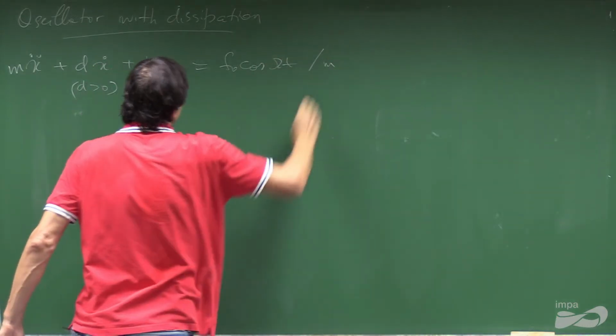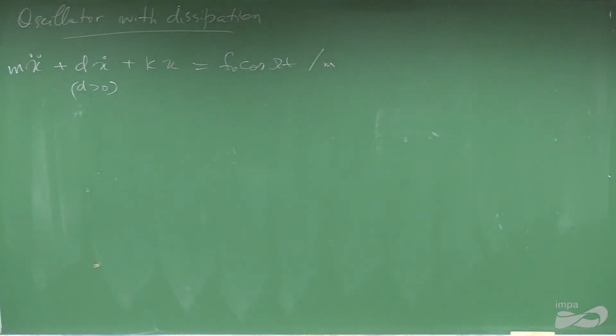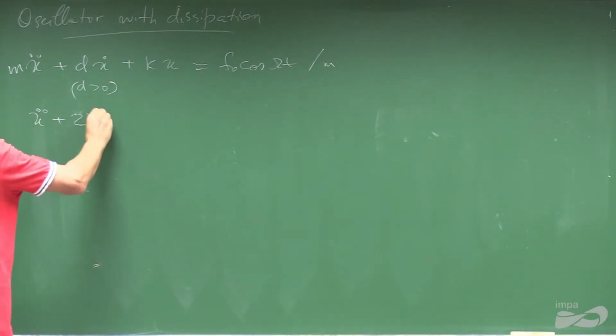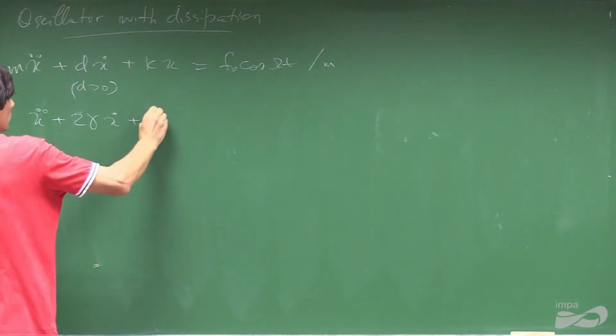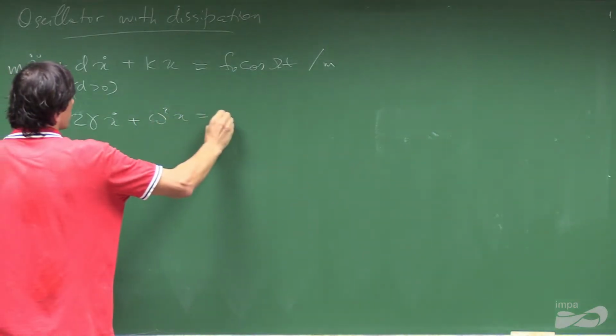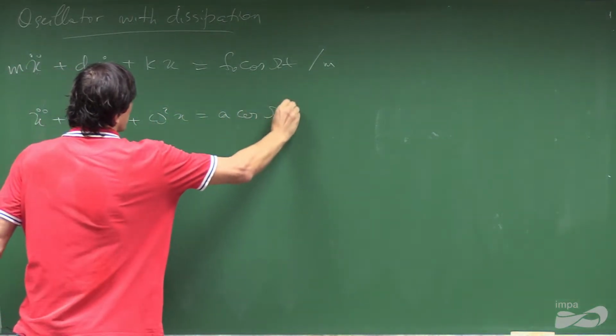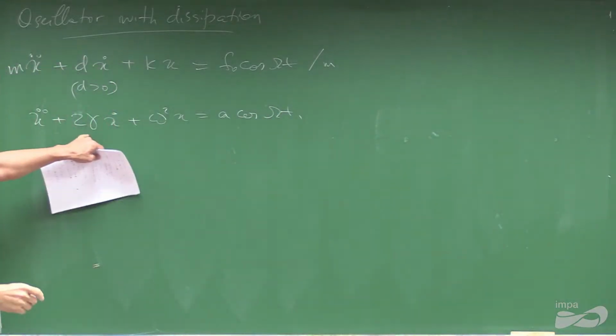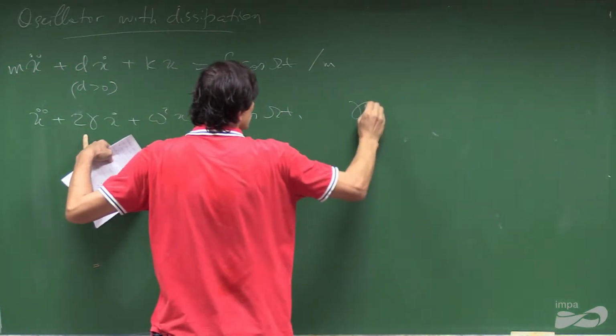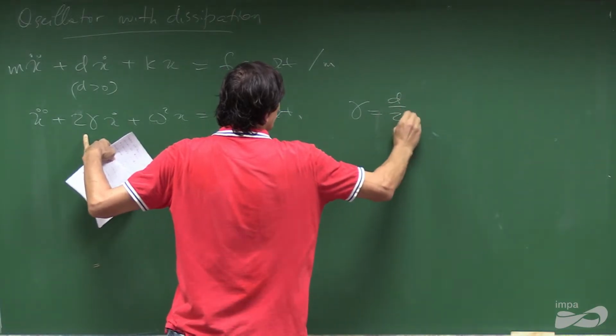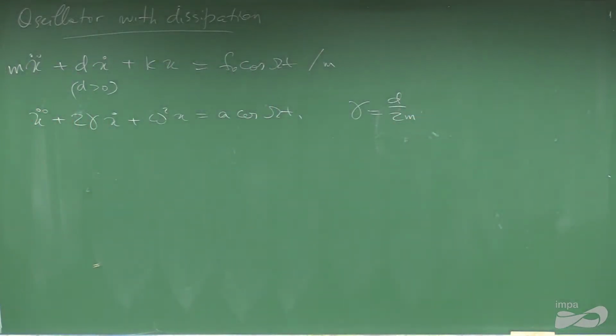So divide everything by m. You get x double dot plus, let's put here 2 gamma x dot, plus omega squared x equals a cosine omega t. So the only new term is this gamma. So gamma will be d over 2m. I put 2 here because it makes life more convenient.